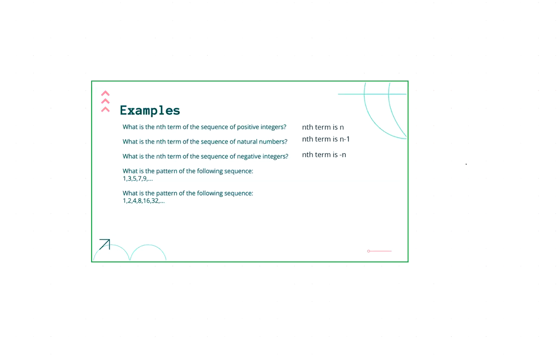So we want to find a general expression for the sequence, right? If we were talking about the nth term, we would want to be able to put it into some kind of formula that then gives us our number in the sequence.